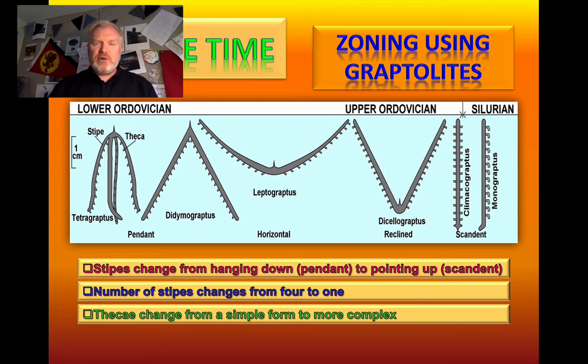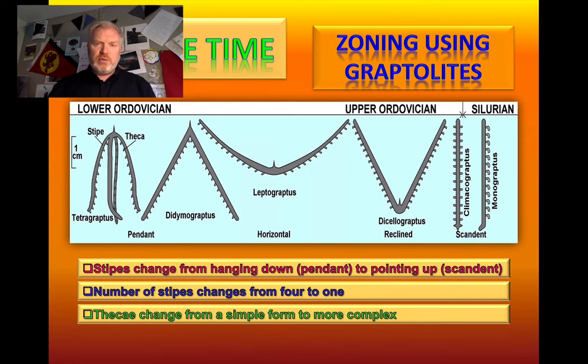They start out as very simple pockets and they become gradually more complex over time, so that Monograptus actually has some quite curved and hooped thecae. So those are our key evolutionary changes. Those changes allow us to use graptolites to zone the Ordovician and Silurian periods of geological time.